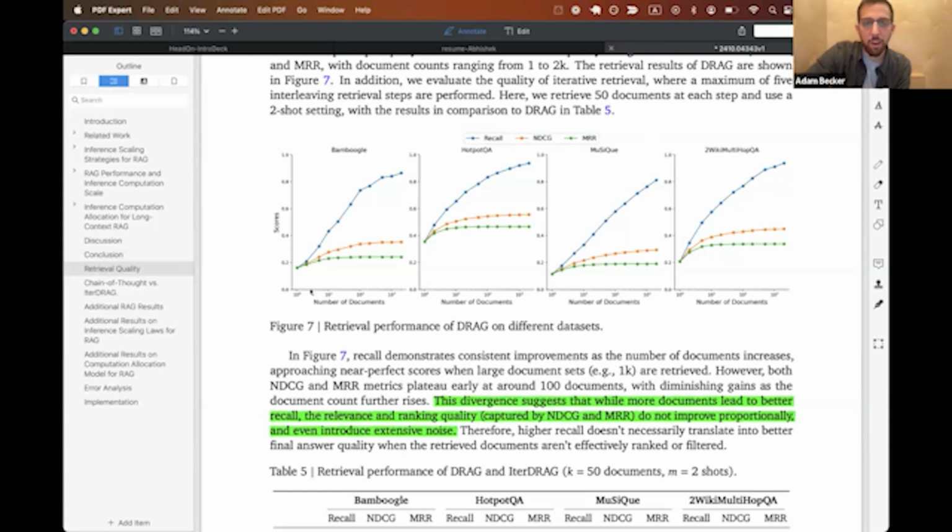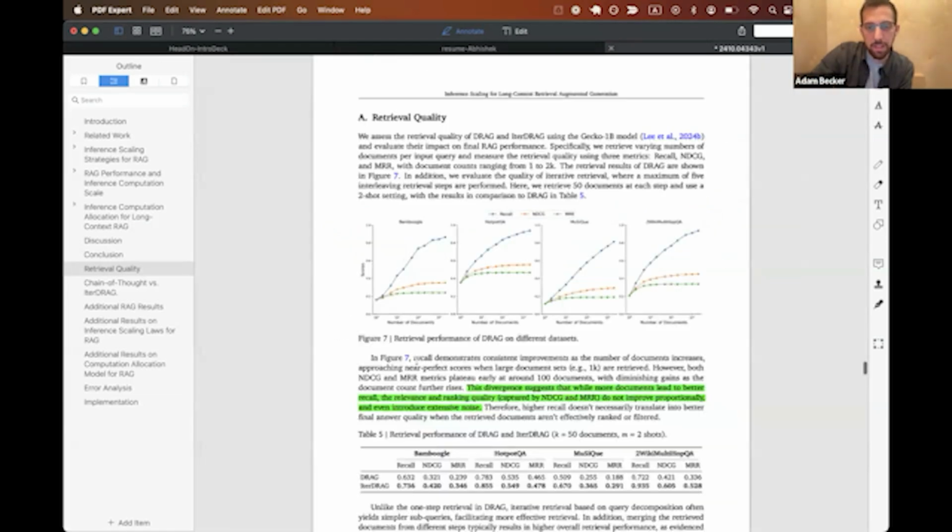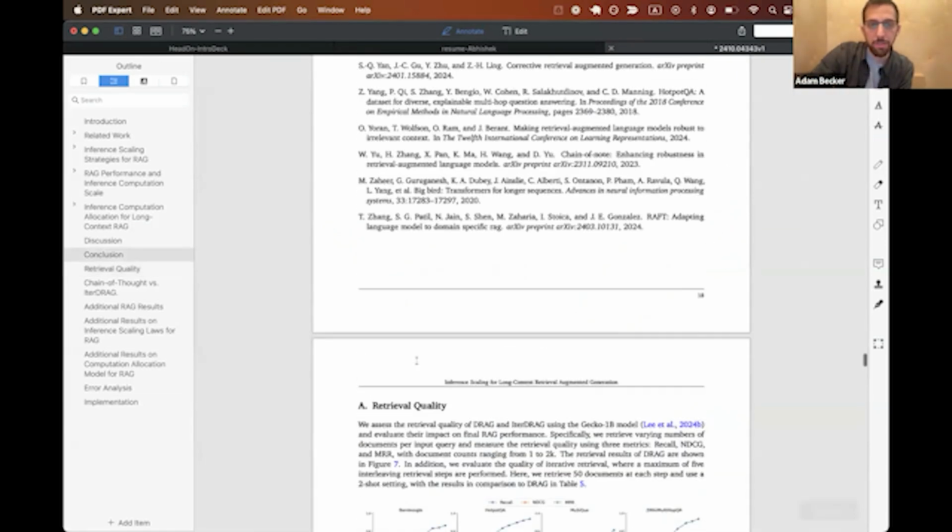Fine, but all of the other metrics don't seem to be increasing all that much, and you might be introducing noise. So they talk about this divergence. This divergence suggests that while more documents lead to better recall, the relevance and ranking quality do not improve proportionally and even introduce extensive noise. The takeaway for them is that we have to be investing in much better methods of retrieval.